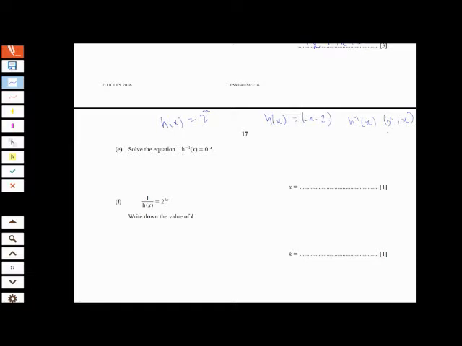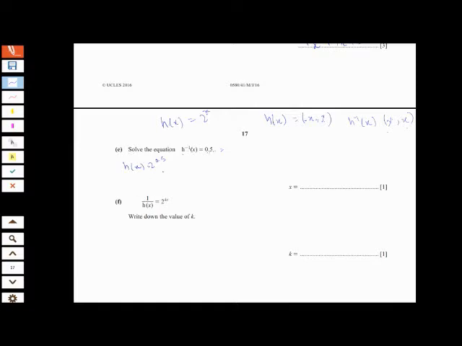What I mean is the inverse of h equals the x in the h(x) function. When I show you the working, I think you might understand. So let's get started. h inverse of x equals 0.5, so the inverse is 0.5, and that equals h of x.